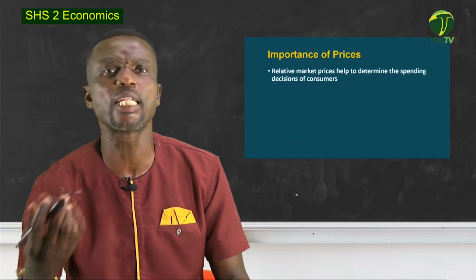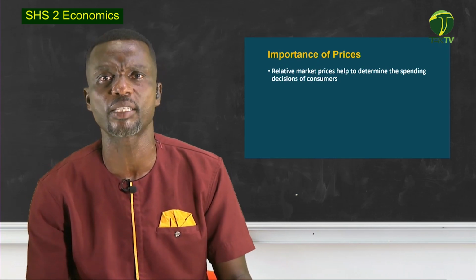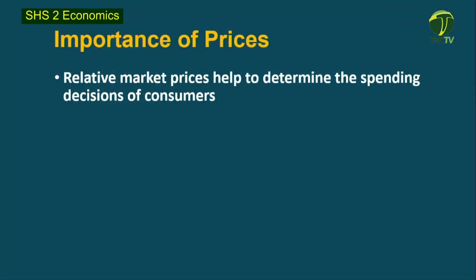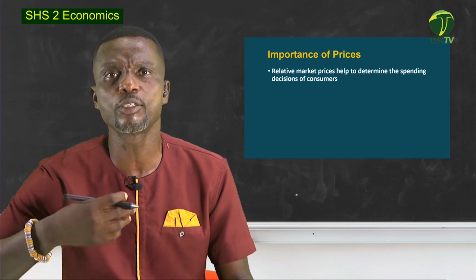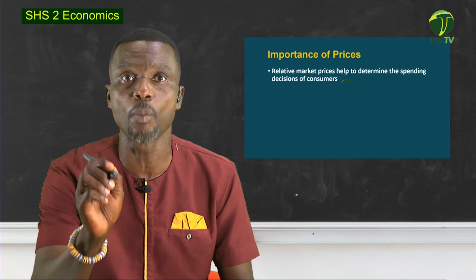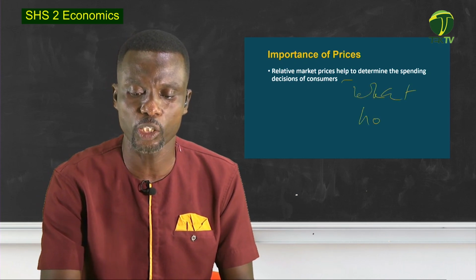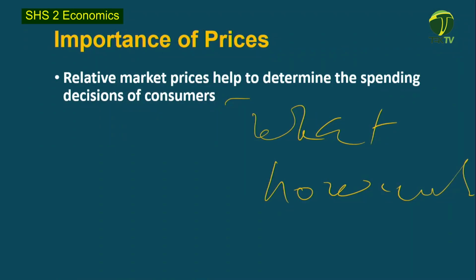Now, what is therefore the importance of prices? We are saying that relative market prices help to determine the spending decisions of consumers. So for those of us who are always buying, the importance of price to us is that it helps us to take decisions on what to buy and the quantities to buy. So these decisions basically deal with what you have to buy, how much to buy, and so on and so forth.